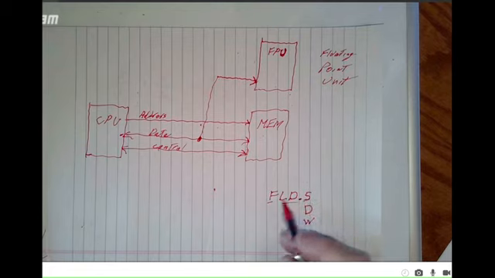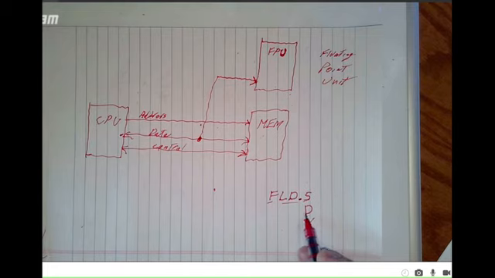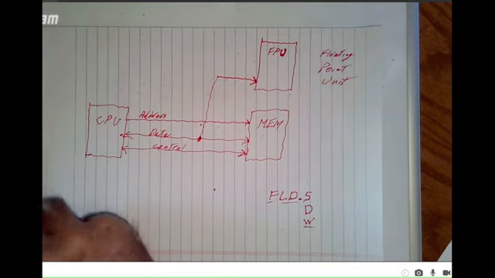This means we're going to do a load of a single precision floating point value. This would mean we're going to do a load of a double precision floating point value. And interestingly enough, this means we're going to do a load of an 80-bit integer.